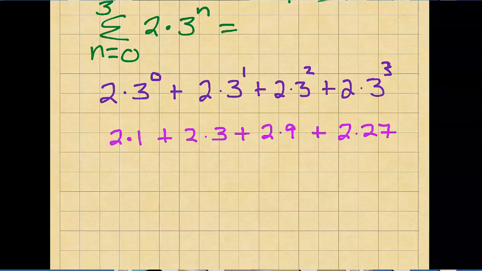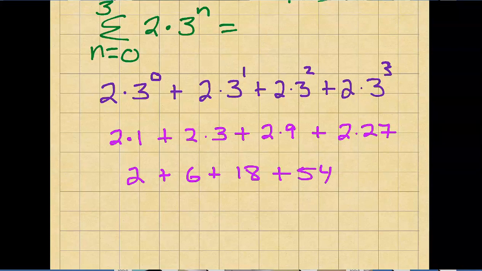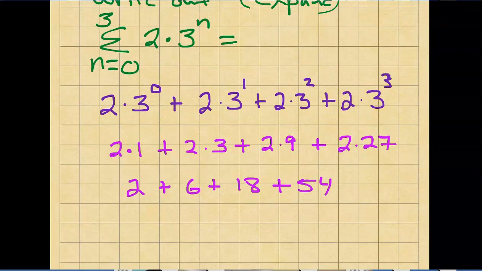Now, if you had to do this by hand, that'd be 2 plus 6 plus 18 plus 54, and so on. Maybe not super handy, but Desmos could certainly do that. I'd encourage you to type that into Desmos. It's a pretty easy thing to do.